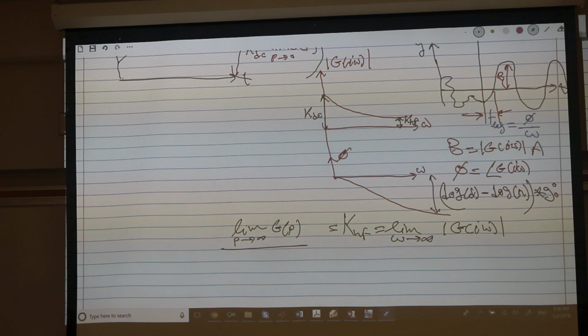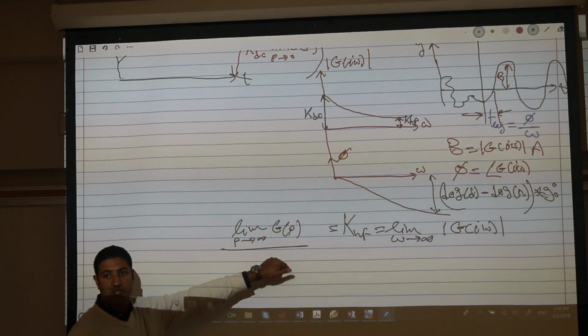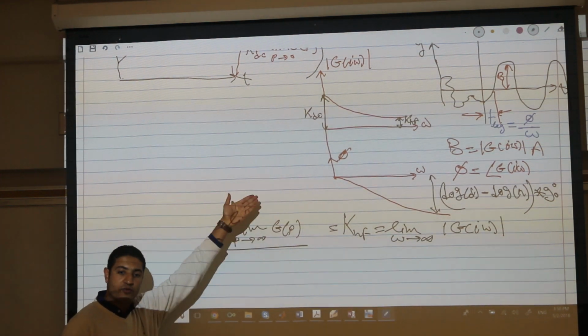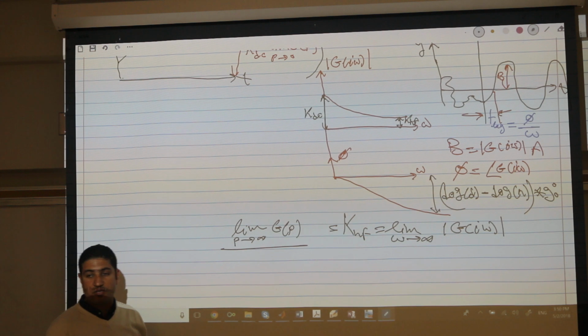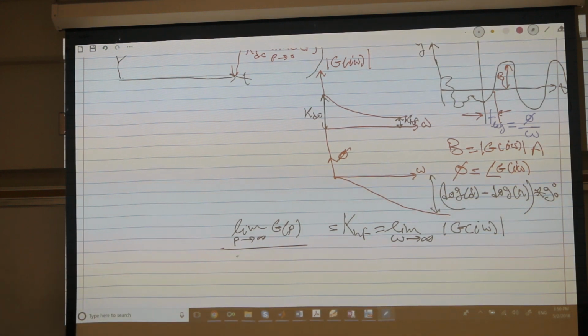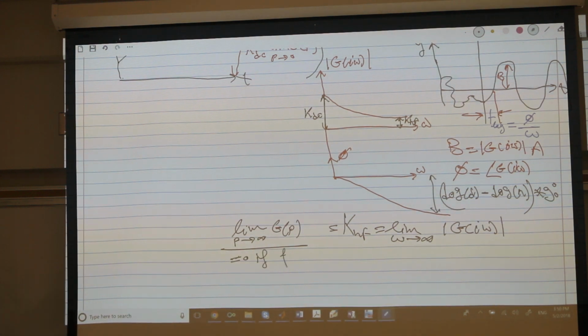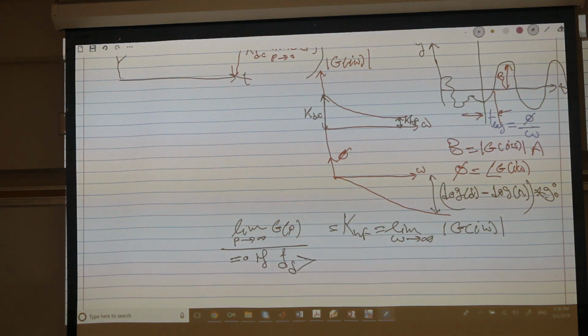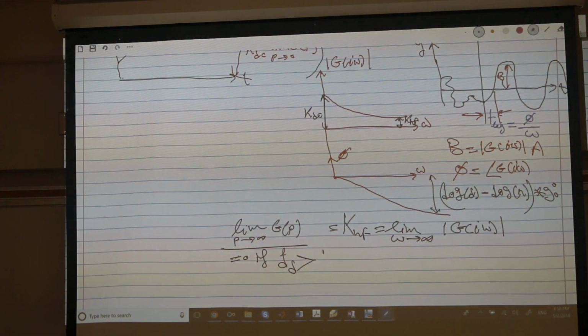And when you put it this way, you immediately realize that if the denominator of the transfer function is of higher degree than the numerator, then this guy will go to 0, right? So this would be 0 if the degree of the denominator is strictly larger than the degree of the numerator.